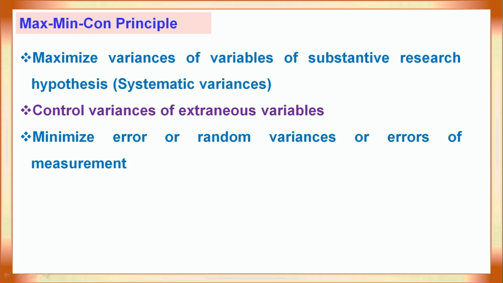Second part is the control of the extraneous variables. Extraneous variables are always a problem for any research. In social science research, as it is mostly carried out at the field level or in open environments, these extraneous variables have much more chance to show their effect.